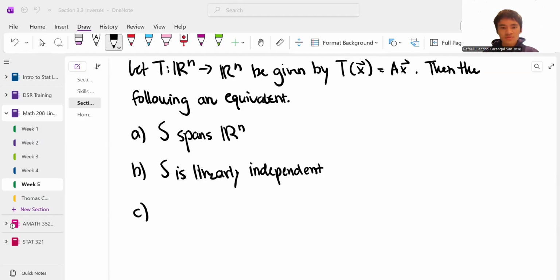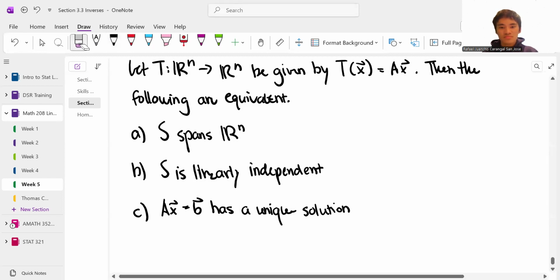What else can we say? Oh, Ax equals b has a unique solution for all b in Rn.